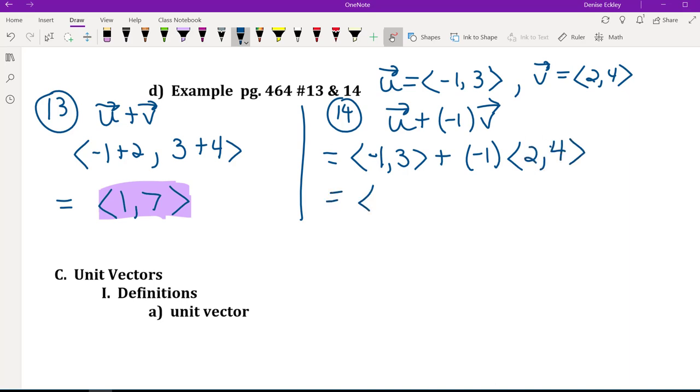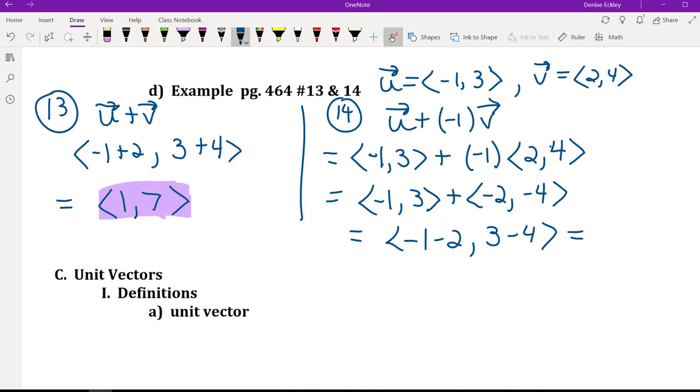So we do the scalar multiplication first. We distribute that -1, and now we can combine our components. So we get <-3, -1>. So that's the answer to number 14.